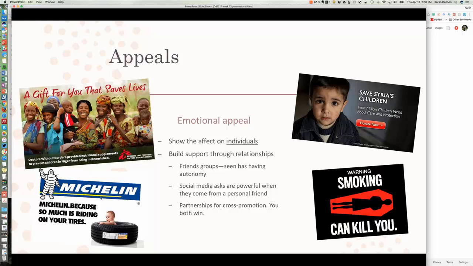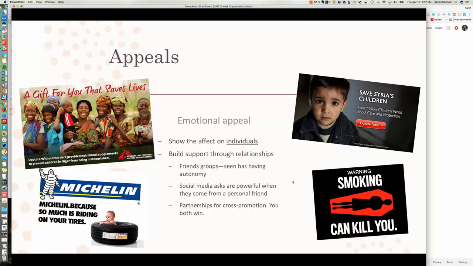Here's a Michelin ad, so much is riding on your tires. The implication here is that you want to protect your children, to protect your babies, and it's really important, therefore, that you have tires that are safe or that are the best when you're driving. Another example over here with the Syrian children donation advertisement, and then a smoking advertisement here.